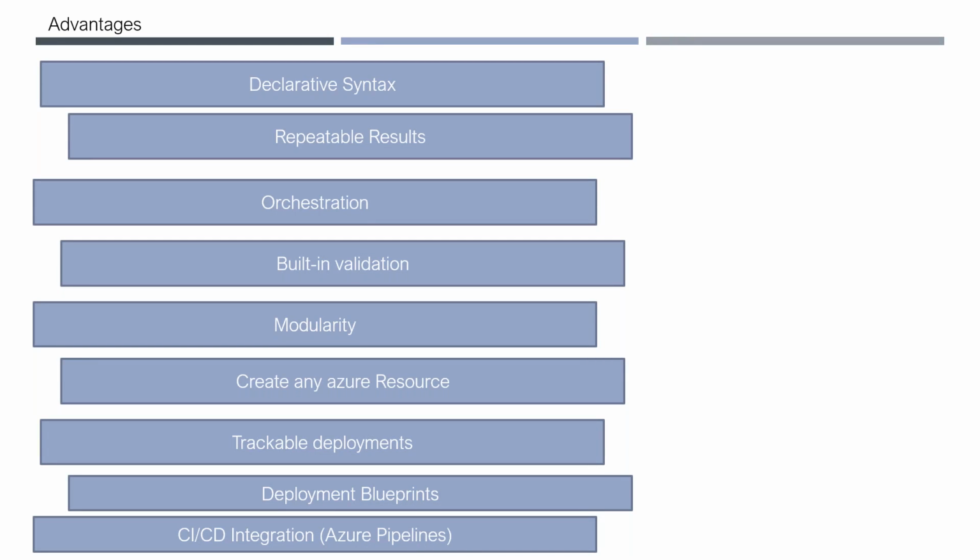So what are the advantages of using ARM templates? ARM templates use declarative syntax, which means you don't need to write code like C# .NET code or Python or Perl code. These are simple commands and a simple JSON script. And then these scripts, you need to create just once and use multiple times.